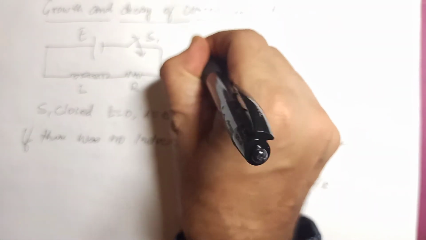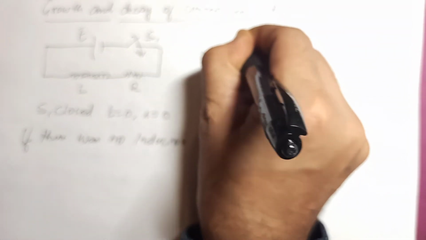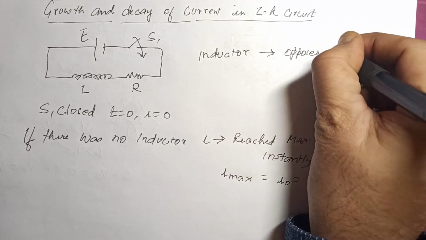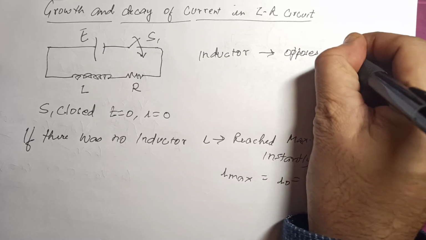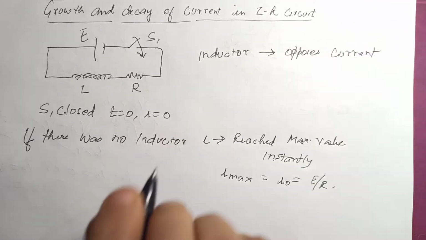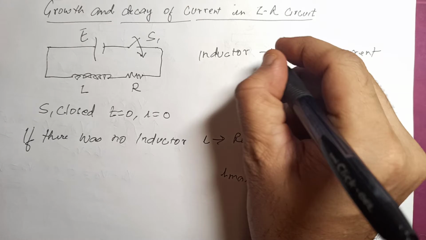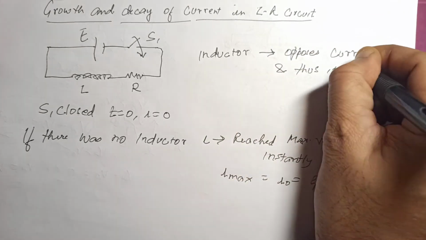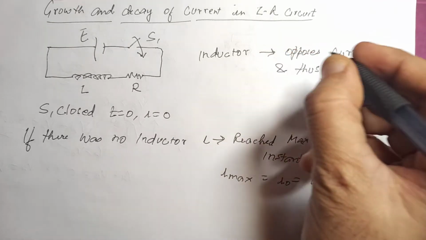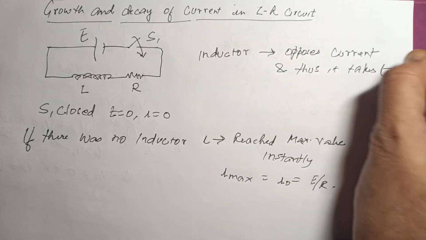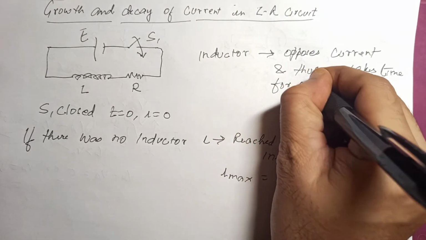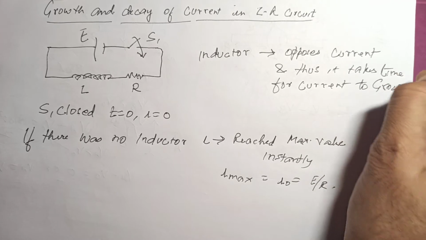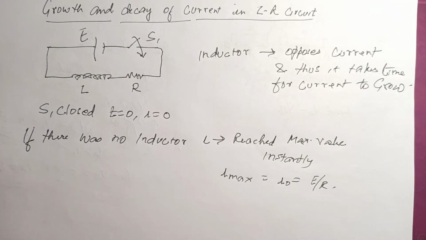Basically, let me write this, inductor always opposes current initially, and thus it takes time for current to grow.